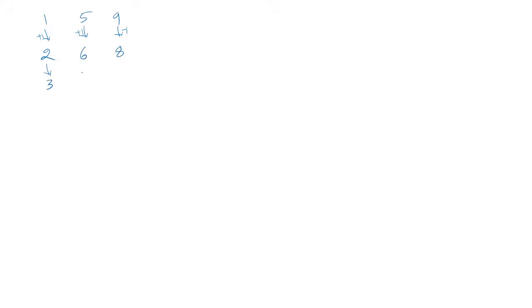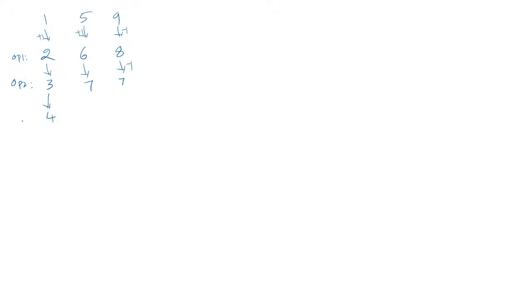Again I increment this by 1, I increment this by 1, then I decrement this by 1. So this becomes 3, 7, 7. This is operation 1, this is operation 2.